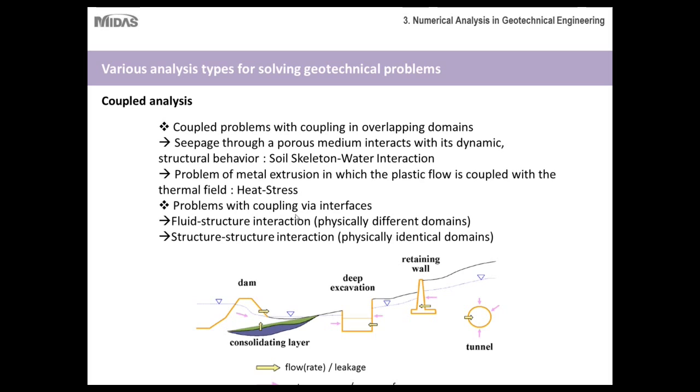And then problems with coupling via interfaces, so for example the retaining wall that I mentioned, and then fluid structure interaction, so structures that are in direct contact with water, and then structure to structure interaction, so certain structures that interact with each other directly would benefit from a coupled analysis.